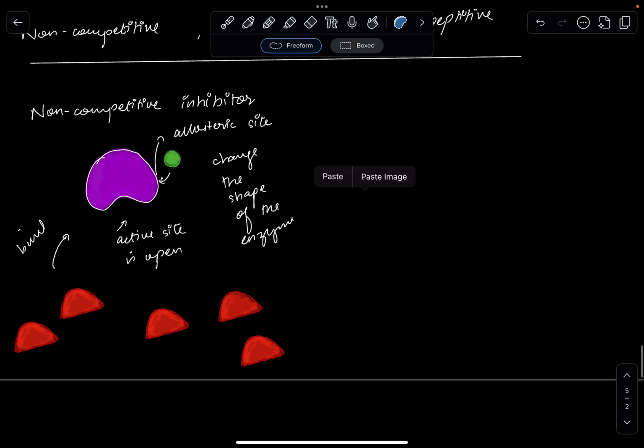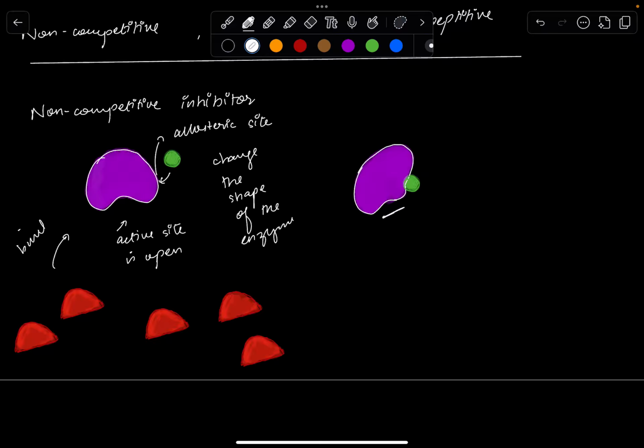The enzyme's shape is altered, but you see the active site is still there, unoccupied. So what does this mean for forming the ES complex?